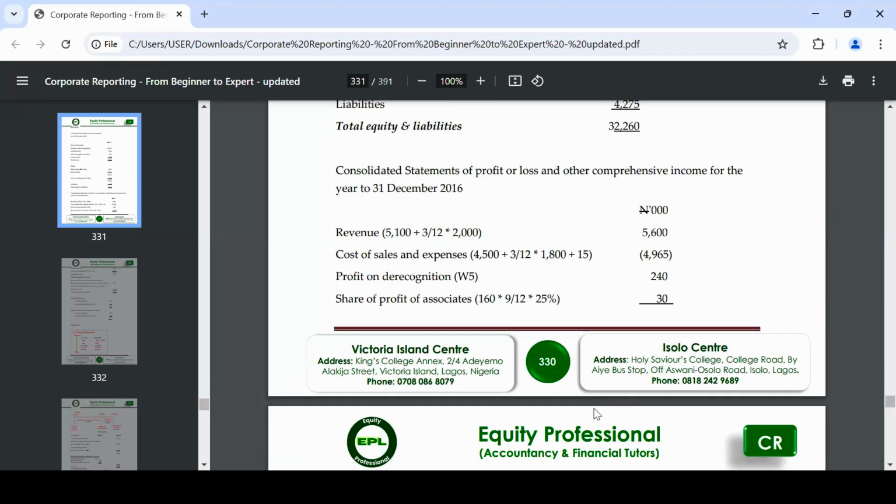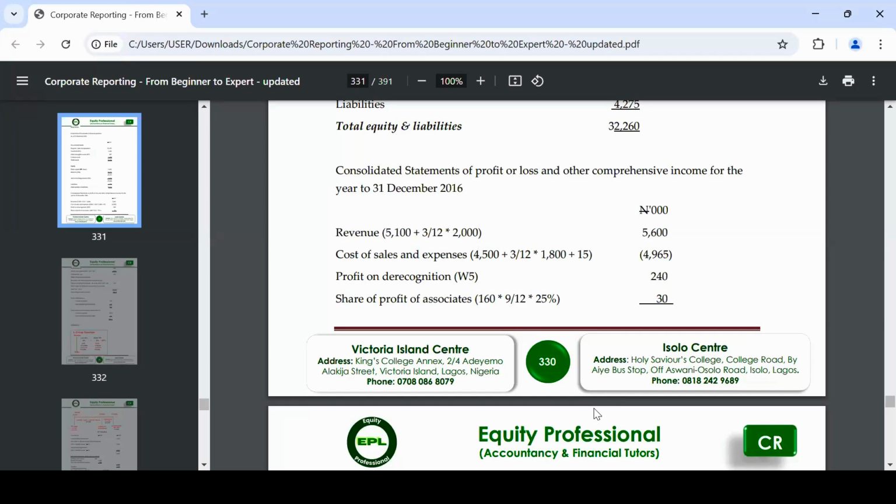The day you start consolidating is the day that you gained control. What day did we gain control? We gained control 30th September. I said, you can't count September. Why? Because you gain it at the end of September. So you count October, November, December, 3 months.